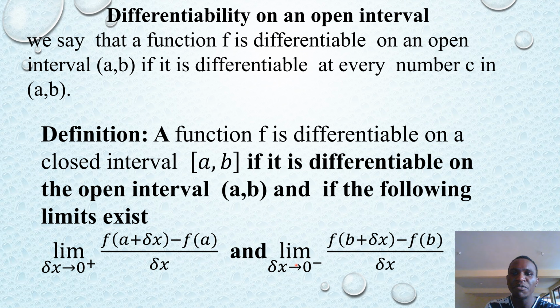While the left hand derivative, that's the limit as delta x approaches 0 from the left, that's the meaning. When you say 0 minus, it means your delta x is approaching 0 from the left, because anything less than 0 is to the left.